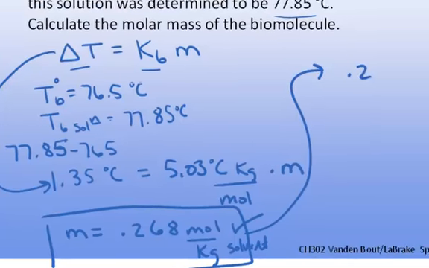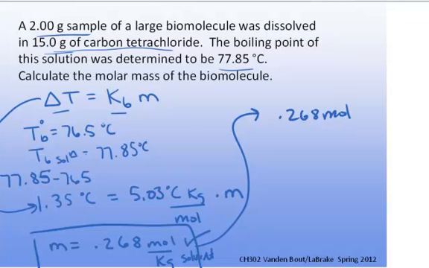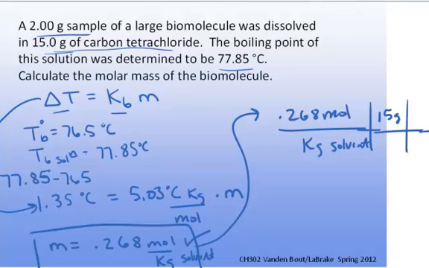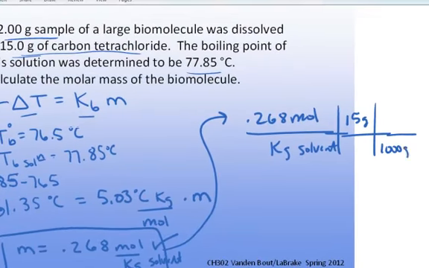So it's going to be 0.268 moles of unknown biomolecule per kilogram of solvent times the amount of solvent, which is 15 grams. Now the unit needs to be in kilograms, so that's 1,000 grams per 1 kilogram. And now we have left units of moles of the large biomolecule, and that's going to equal 0.000402 moles of the large biomolecule.